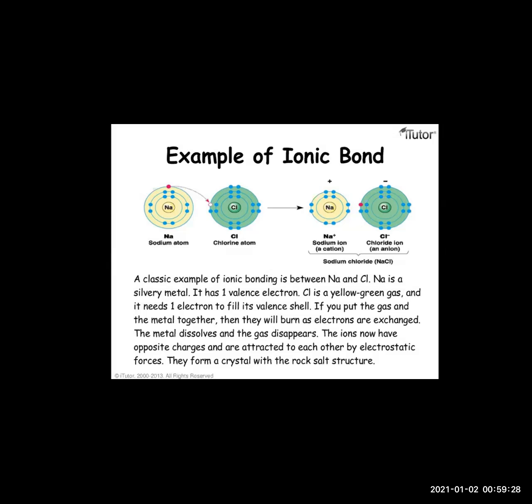So here the electron from the sodium has been attracted by the chlorine. By which force? By electrostatic force. With the help of electrostatic force, this chlorine atom has changed into a chloride ion.